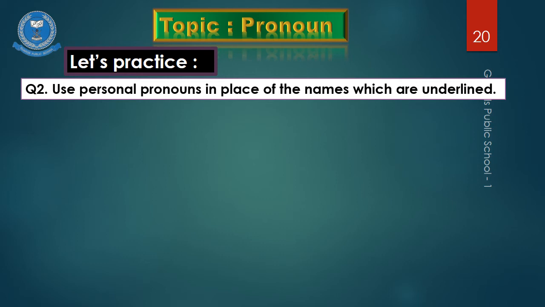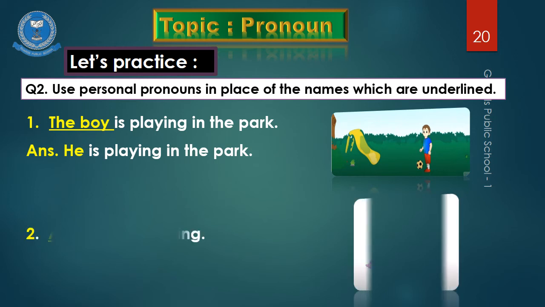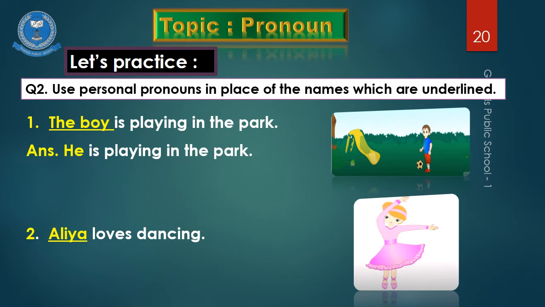So number 1 is, the boy is playing in the park. The boy. So, for the boy, we will use the pronoun he. Very good. Answer will be, he is playing in the park. Number 2, Alia loves dancing. Alia is the name of a girl.